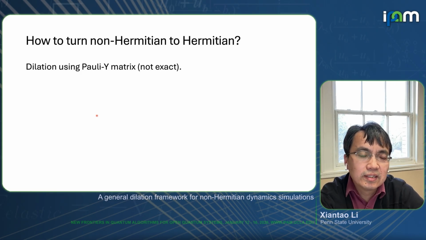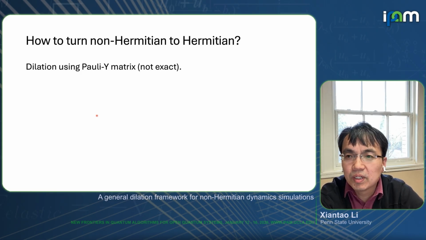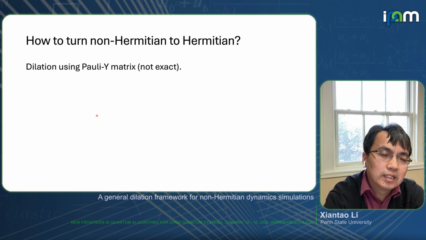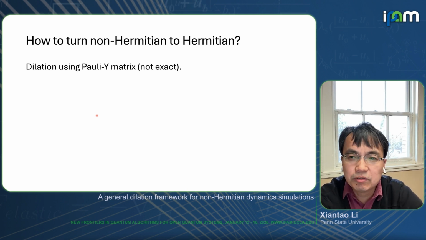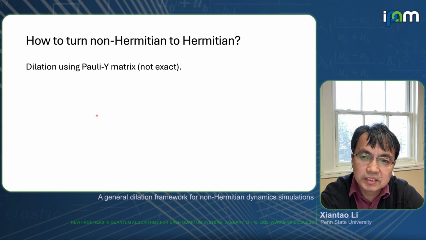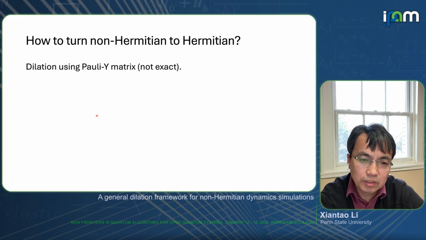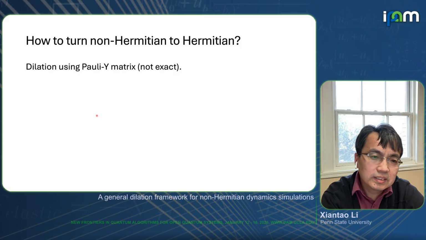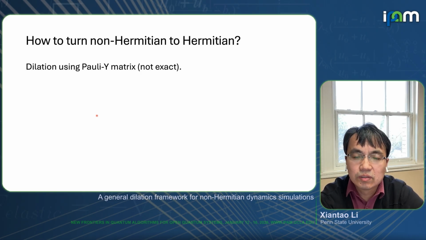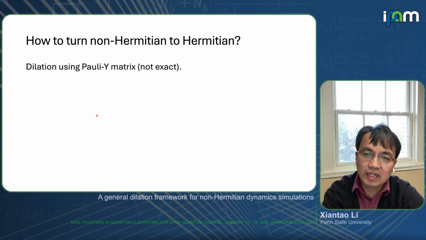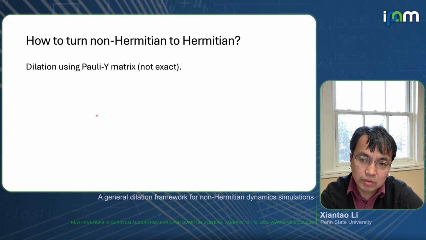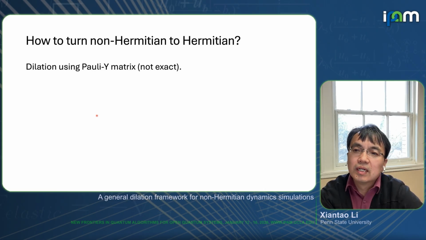The first idea, used in quantum imaginary time evolutions, is to use a Pauli Y matrix to dilate the dynamics into a bigger Hilbert space and simulate this dilated system, which follows the unitary dynamics. But this dilation is not exact. So I'm going to focus on some of the ideas that, in principle, give you an exact mapping.